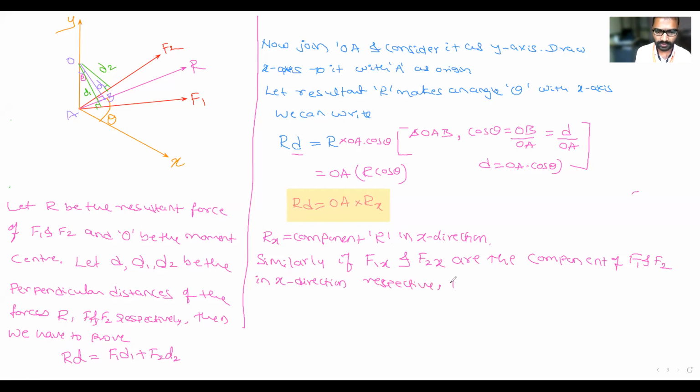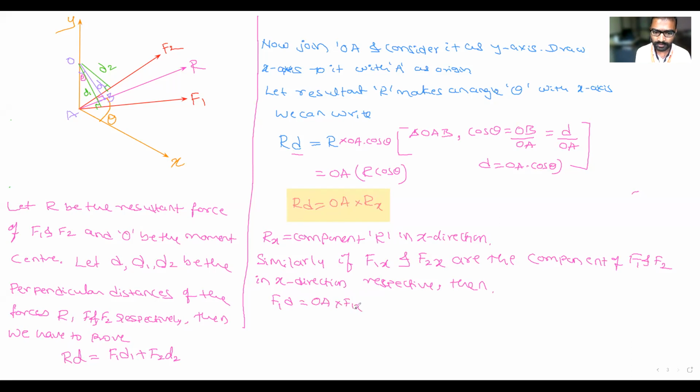Then can you tell me what is F1 into D1? R into D, I am writing as OA into Rx. Similarly, if F1x and F2x are the components along the forces F1 and F2 in the x direction, then F1 into D1 can be written as OA into F1x.